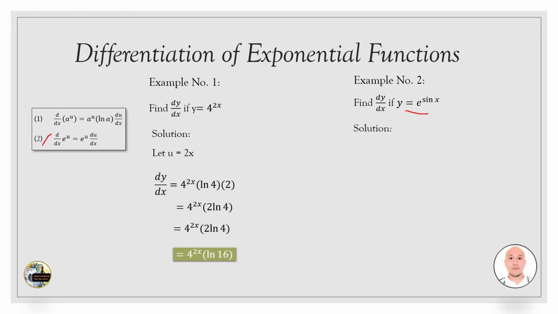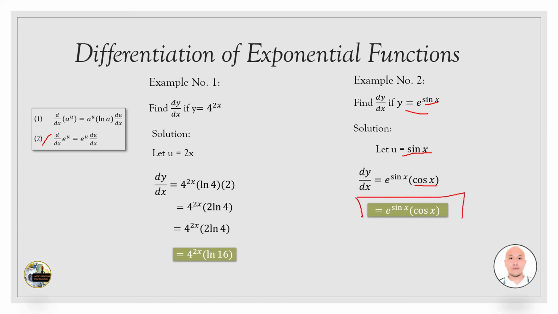Then our u here is sine x. Then dy over dx is equal to e raised to sine x. The differentiation of our u, sine x, is equal to cosine x. So that is e raised to sine x times cosine x. This is our final answer.